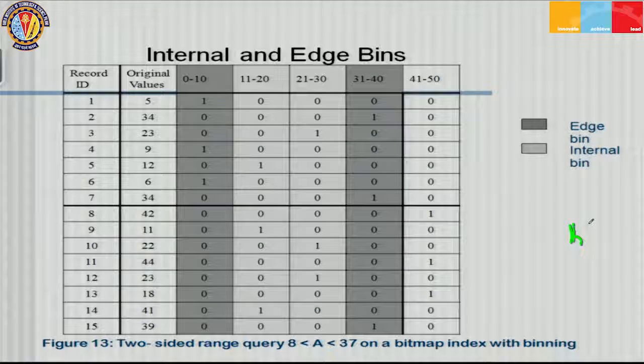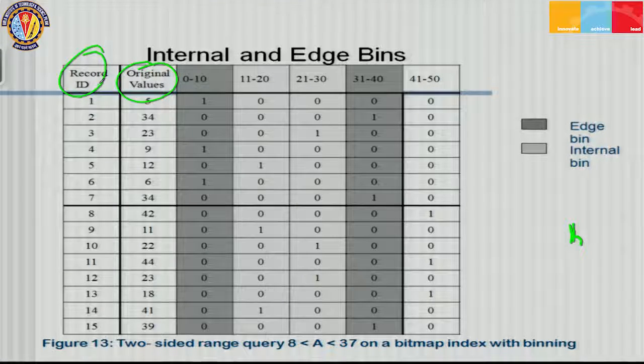Suppose this is the record ID in the first column. Then these are the original values. You can see the values vary from 0 to 50 in this particular example.